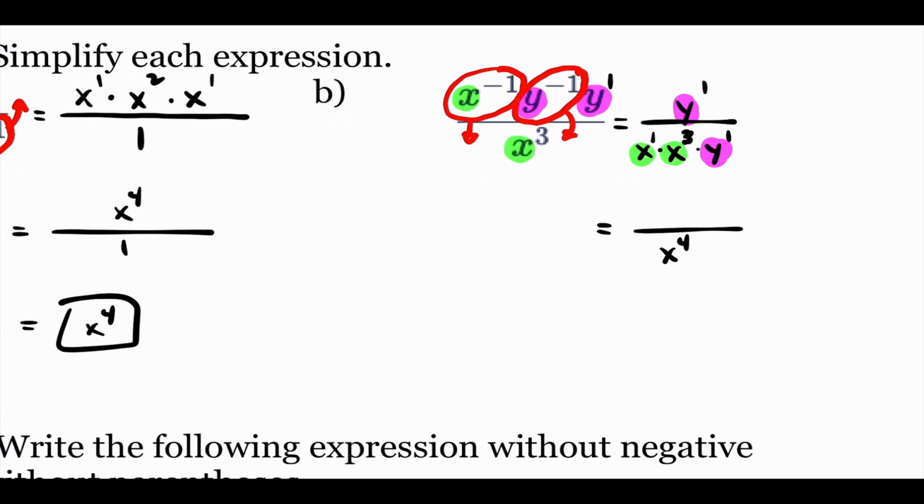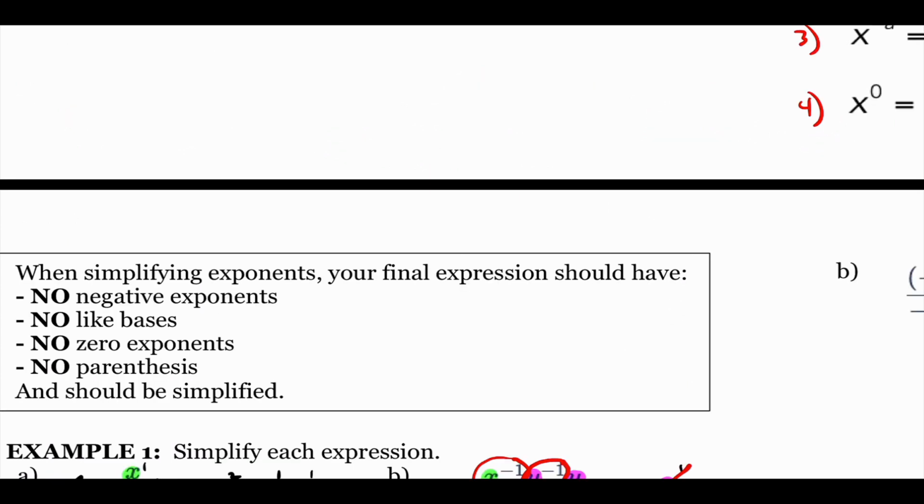But I also have two others that are the same y bases, right? Their powers are 1 and 1. What do I do with the y powers? I'm not going to add them, right? Because they're not side by side. I'm going to not divide them. You're close.